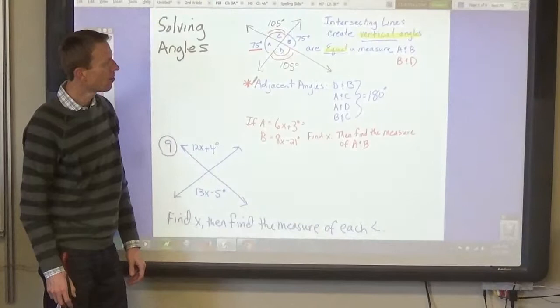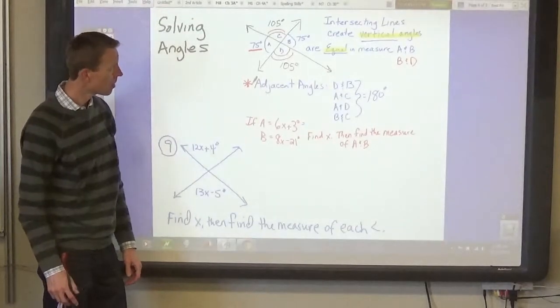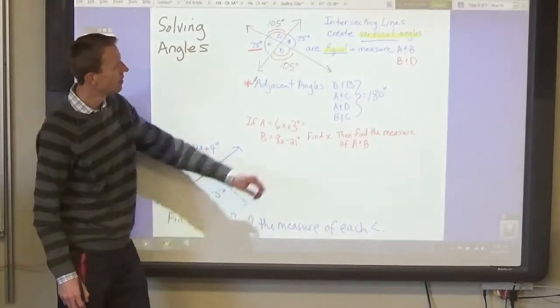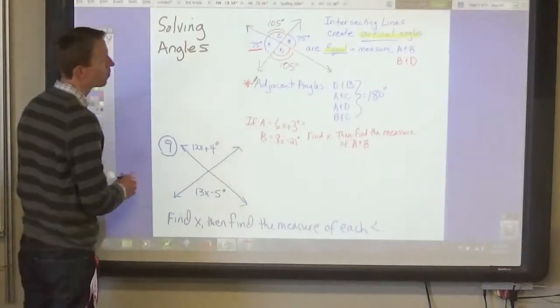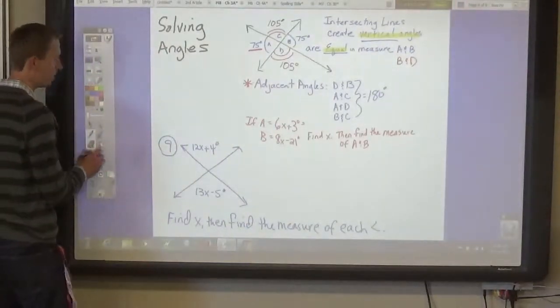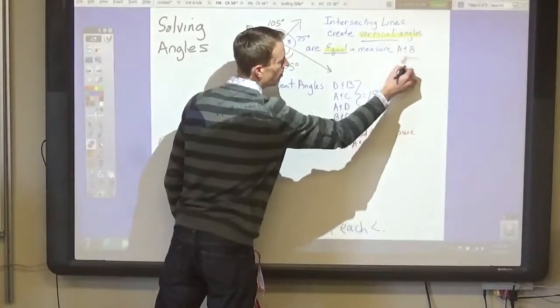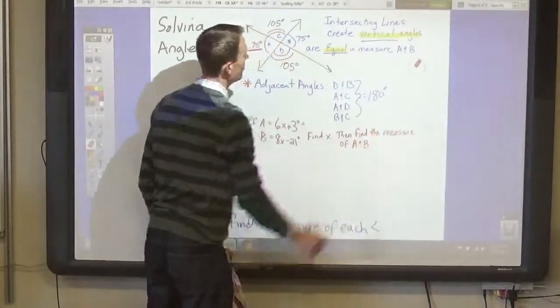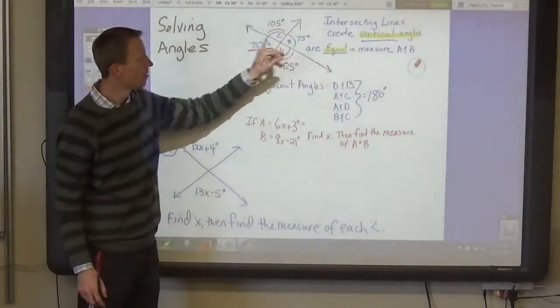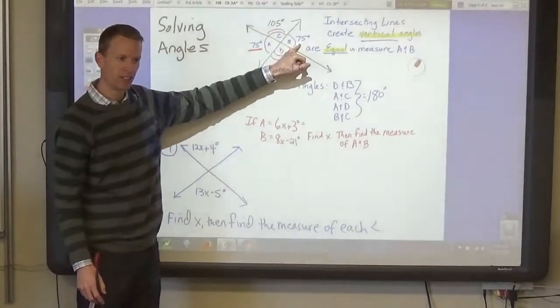Now, another thing about these. They create what are called vertical angles. And it says here, A and B are vertical angles because they're opposite each other. Angle A and angle B are opposite each other. You see that?